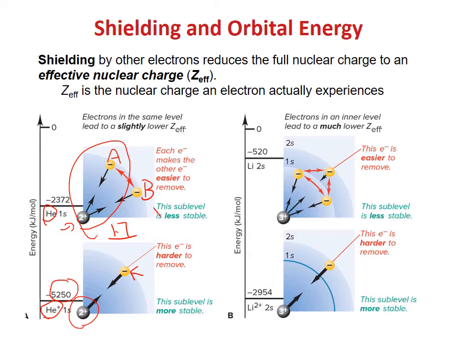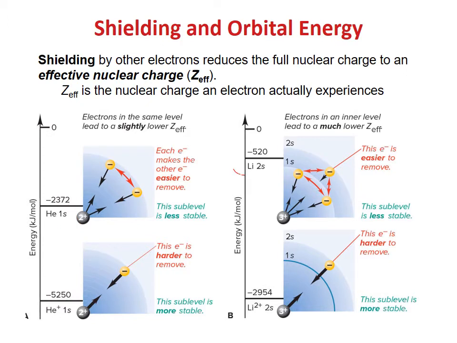To remove electron B from the helium atom, it only takes 2,372 because electron A shared the nuclear charge. So this shielding effect reduces the full nuclear charge to an effective nuclear charge of 1.7, and that makes electron B easier to remove.